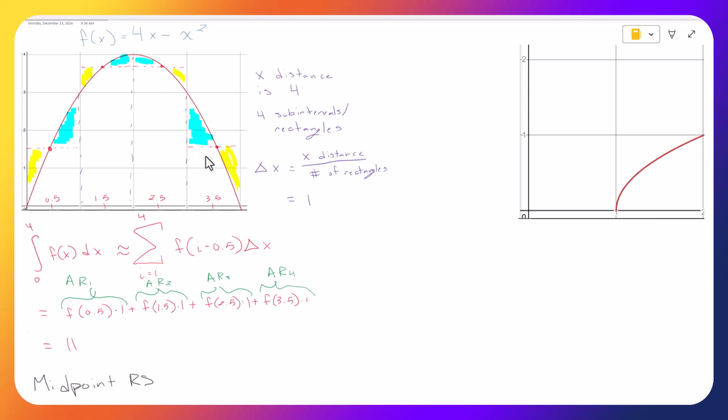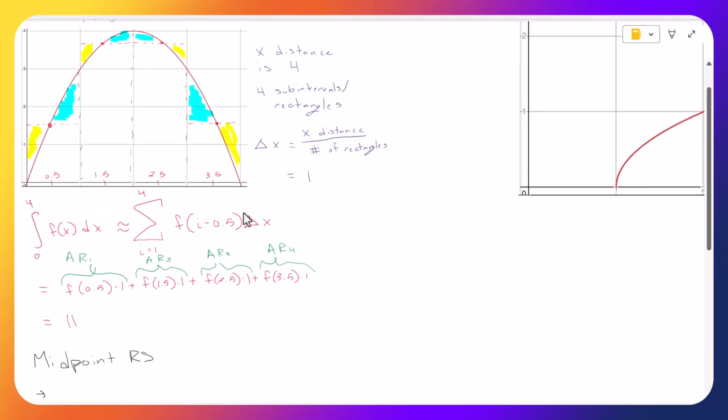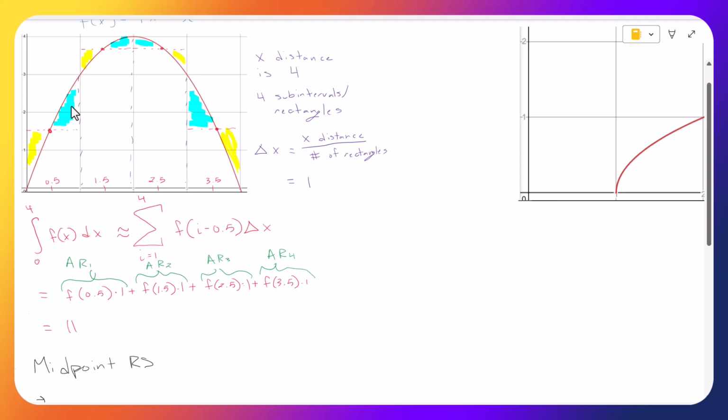Our function is concave down. And it's hard to tell based on this graph, but these blue areas are actually a little bit bigger than these yellow areas. So we're actually under approximating.